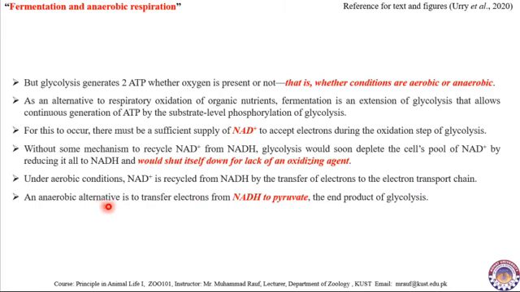An anaerobic alternative is to transfer electrons from NADH to pyruvate, the end product of glycolysis. So one of the alternatives for NADH to get rid of its electrons is to give them to pyruvate. Pyruvate is of course the end product of glycolysis.